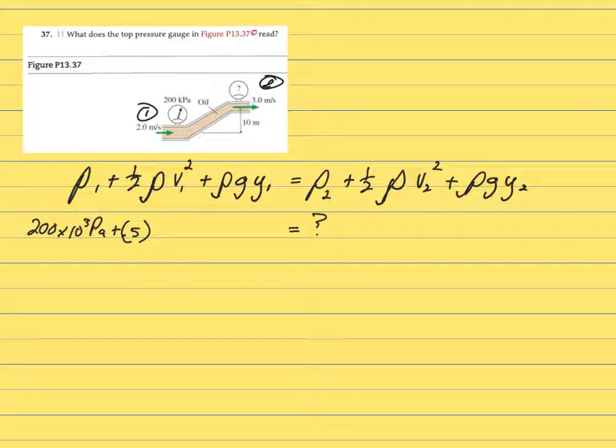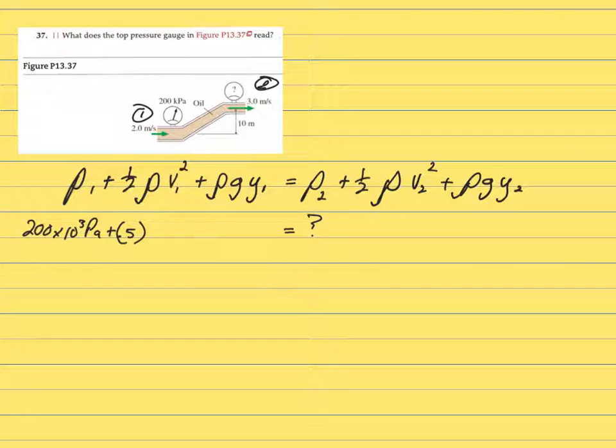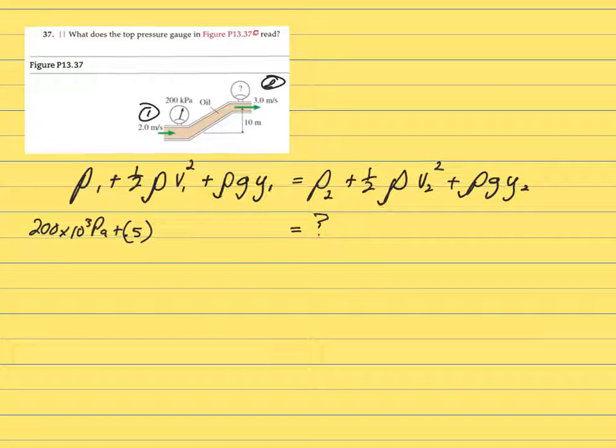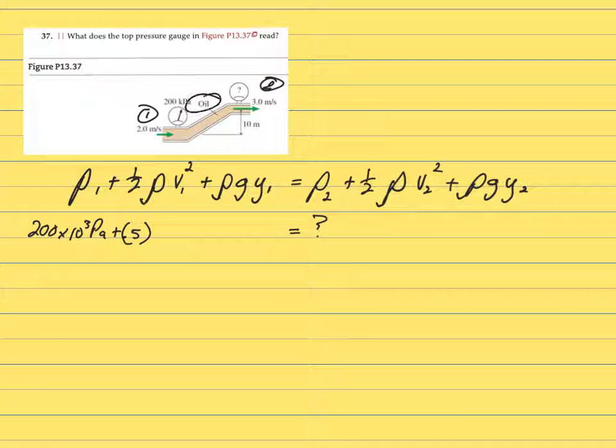Alright, my bad, it tells us oil. Oil has a density of 900 kg over m cubed, and the velocity is 2 meters per second, but you gotta square that.